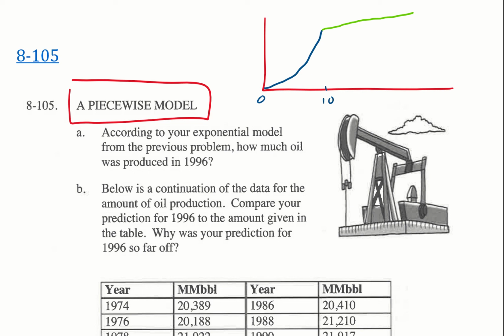So what a piecewise model does is it says, first of all, there are different ranges. So it might say for x values that are greater than 0 but less than 10, we have one equation, y equals, and this looks exponential, ab to the x.